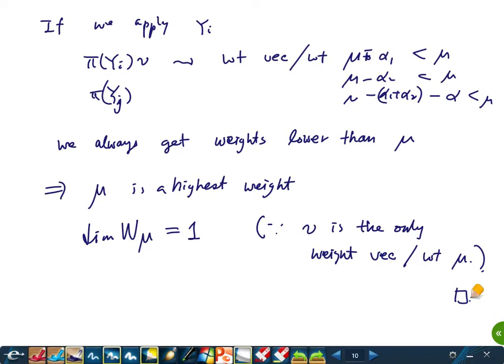Okay. So the next proposition is this. Now let's say pi is an irreducible representation of SL3.